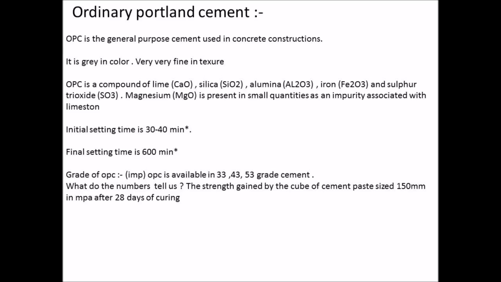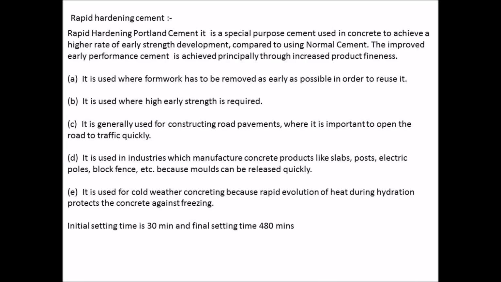First, take a mold of 150 millimeter cube and fill it with cement paste. Allow it to cure for 28 days, then measure its crushing strength. The 33 grade cement cube will show 33 megapascal, the 43 grade cement cube will show 43 megapascal, and the 53 grade cement cube will show 53 megapascal.